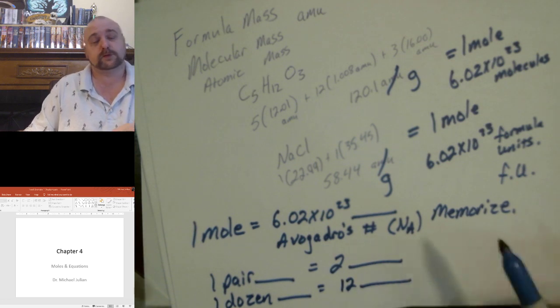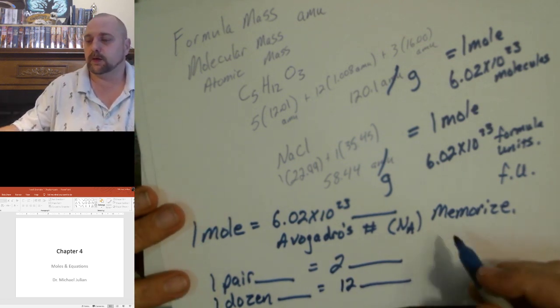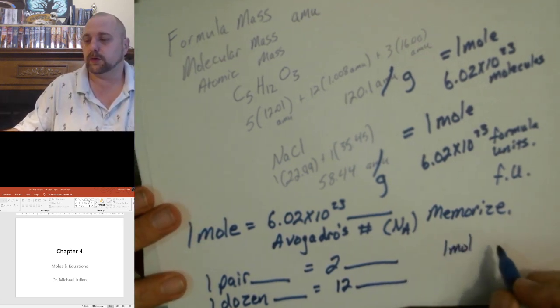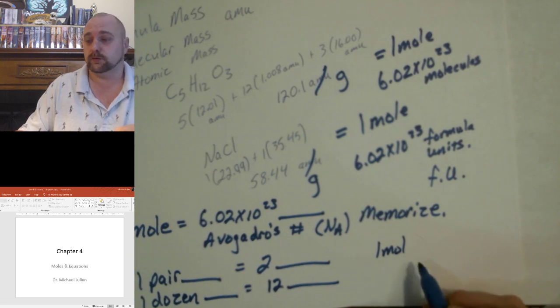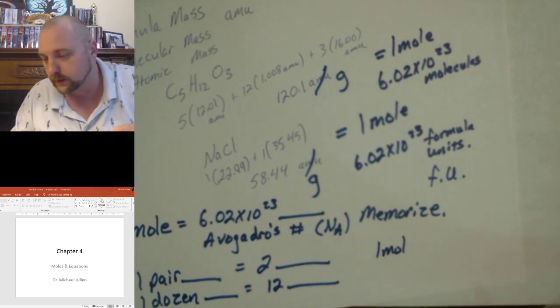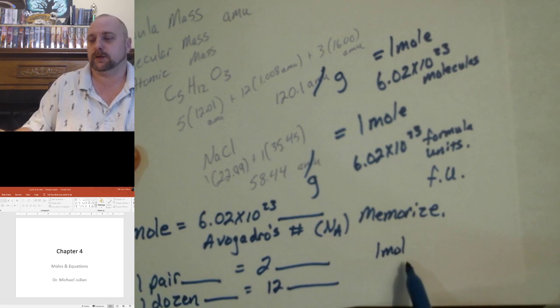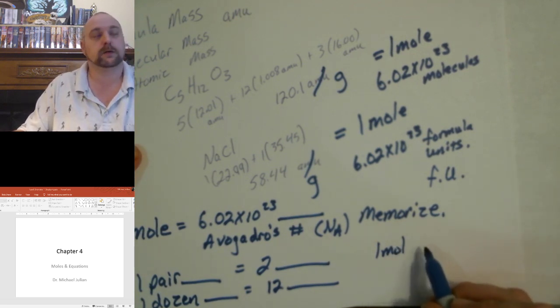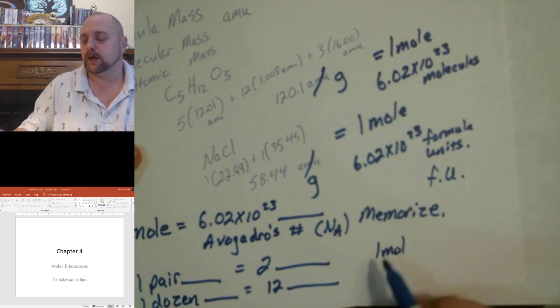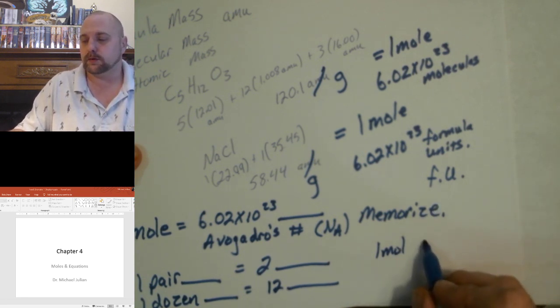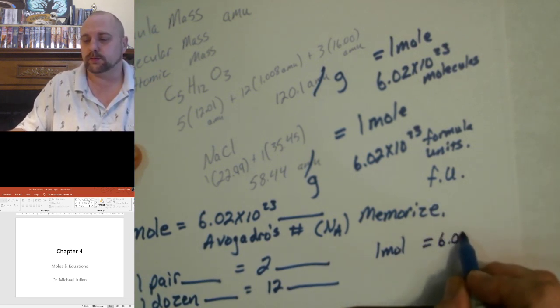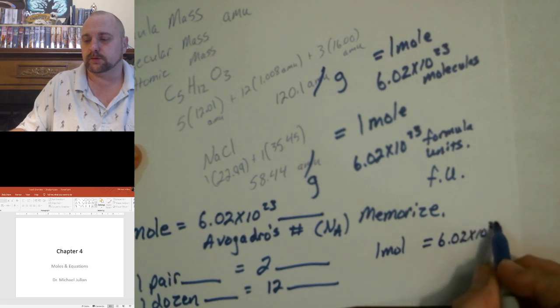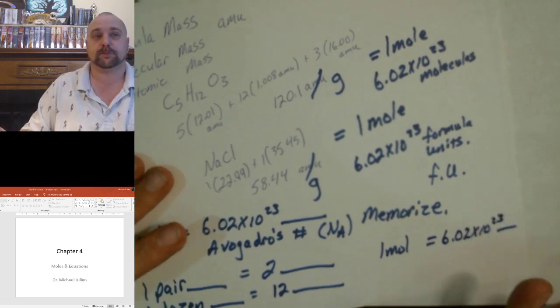A dozen roses, 12 roses. Okay? So 1 mole, notice the abbreviation for mole, you just drop the E. Doesn't seem worth it. It is. You're going to write this unit a lot. Go ahead and get used to leaving off the E. So 1 mole is 6.02 times 10 to the 23rd, whatever.